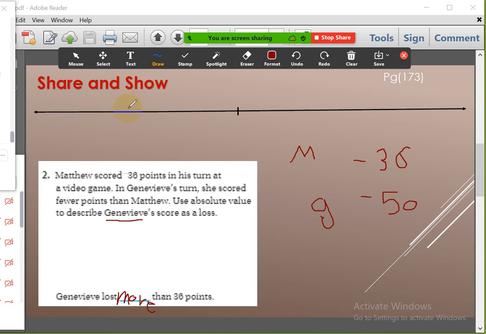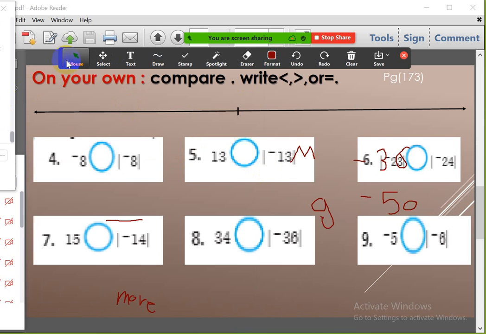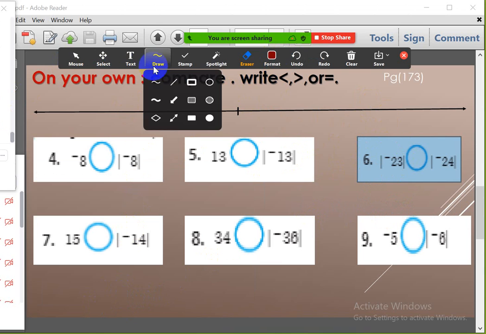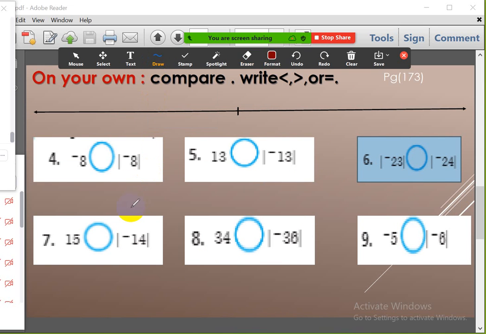Okay, now let's move to the exercise to compare between the numbers as we said yesterday. First thing, I have to compare between the numbers. I think you will find it very easy today. You don't understand comparing between the absolute value, Farah?